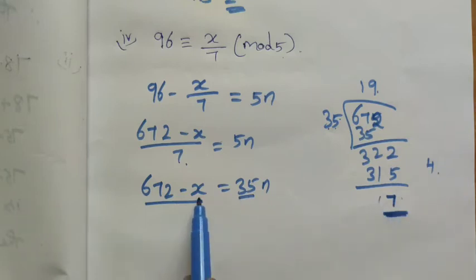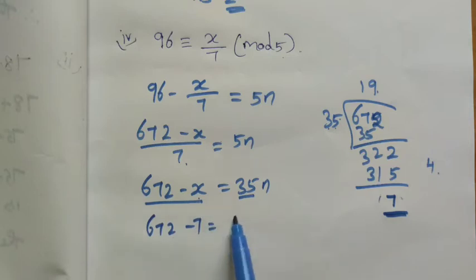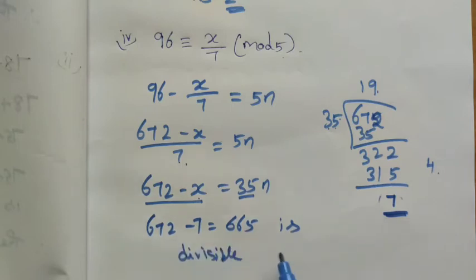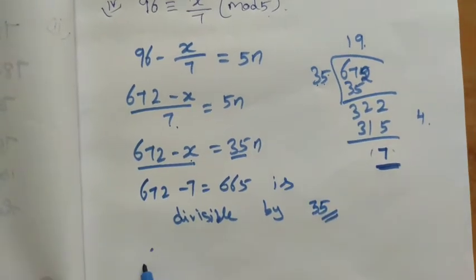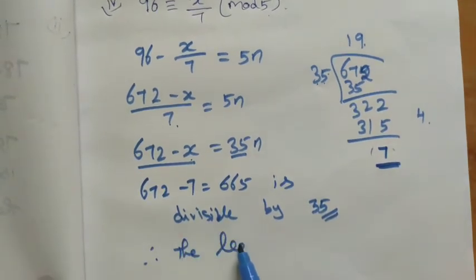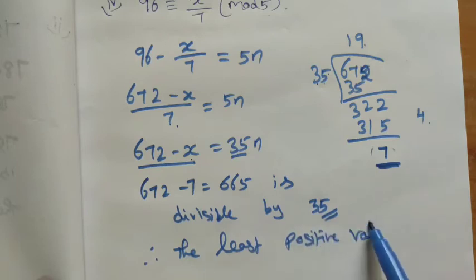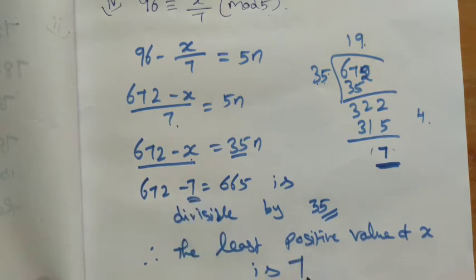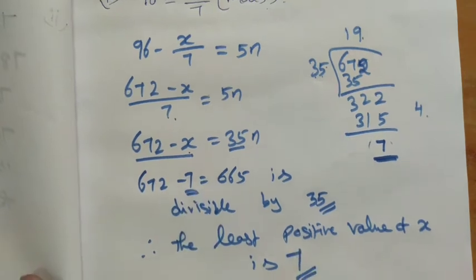That is the least positive value. That is 672 minus 7 is equal to 665, which is divisible by 35. So the least positive value of x is 7.